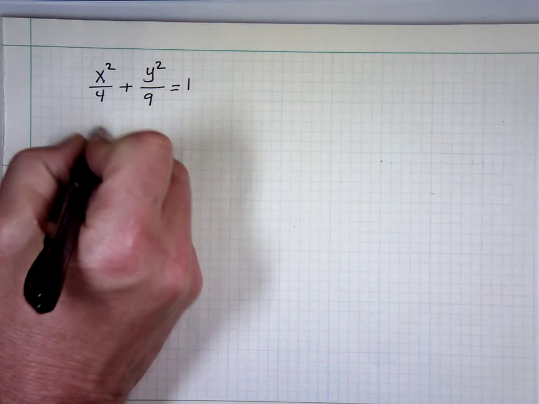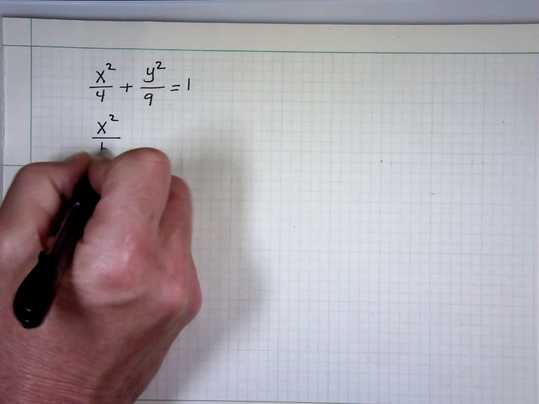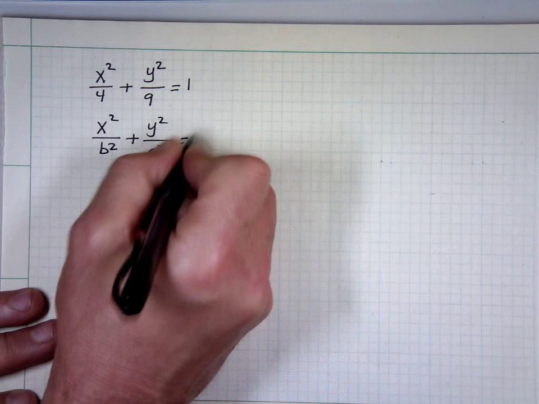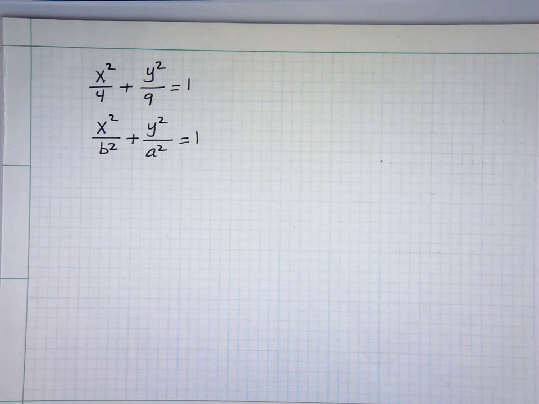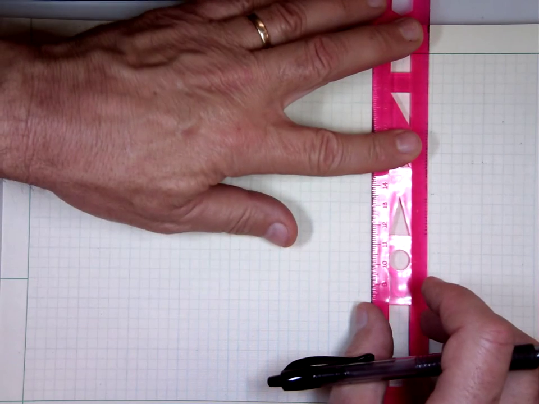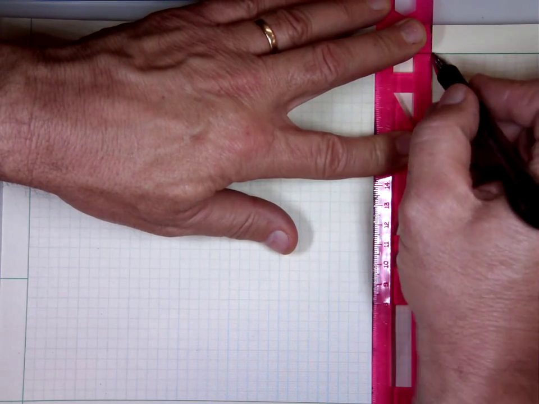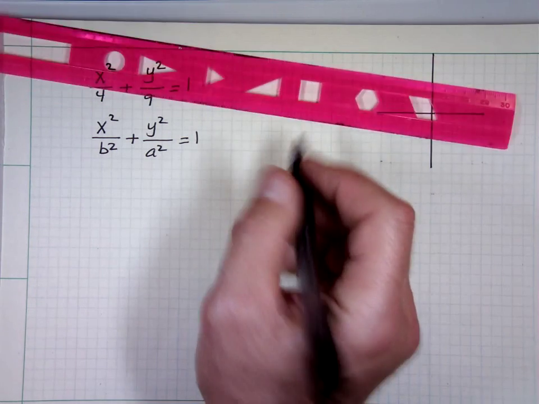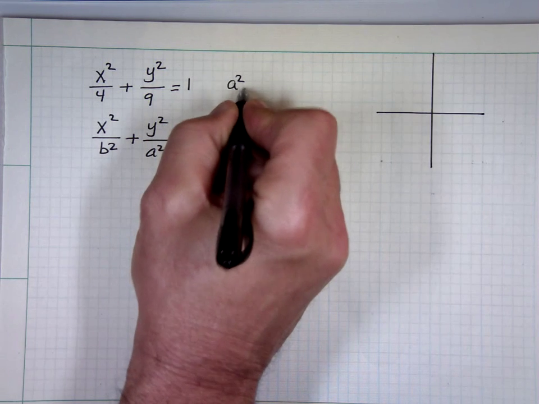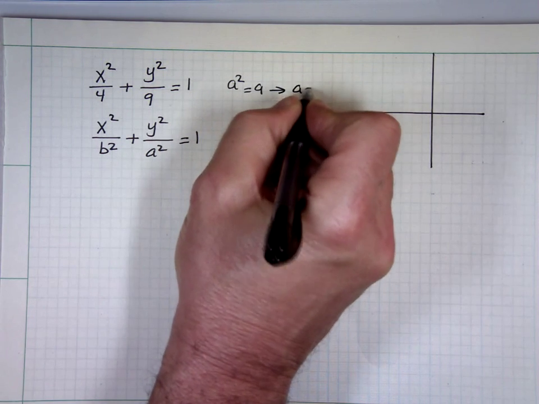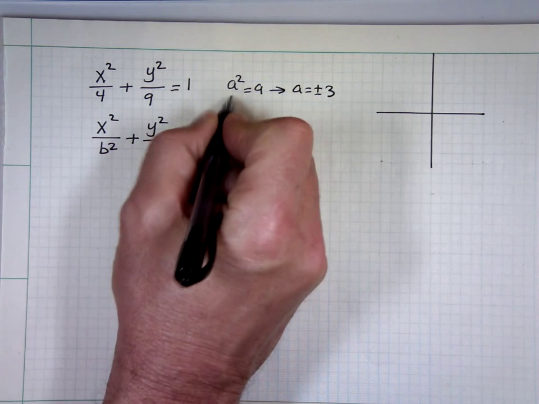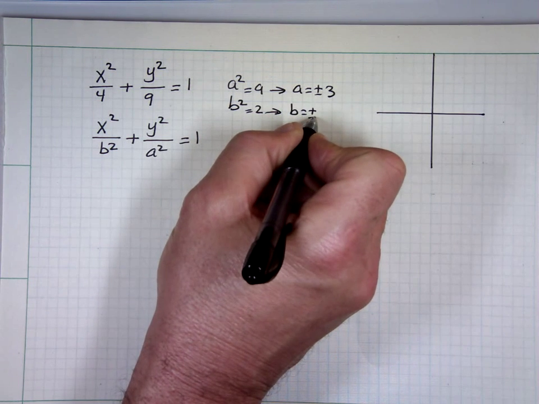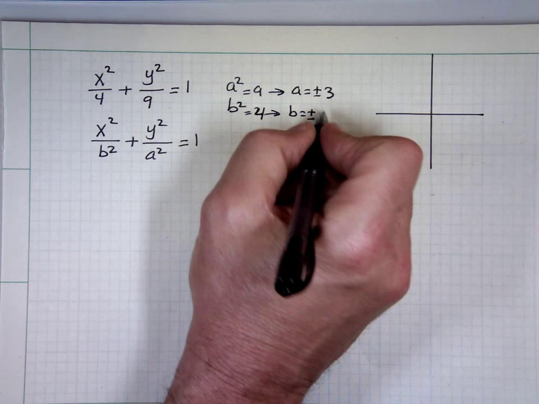So that fits the equation with x squared over b squared. a is always the longer side. It doesn't matter if I write this first or that one first. So I know this is going to be along the y-axis. a squared equals 9, which means a equals plus or minus 3. b squared equals 4, which means b equals plus or minus 2.